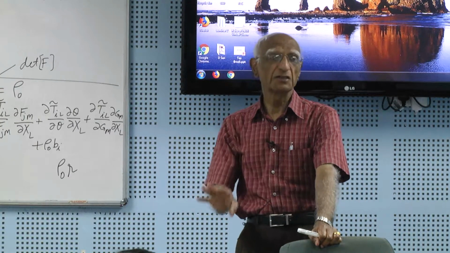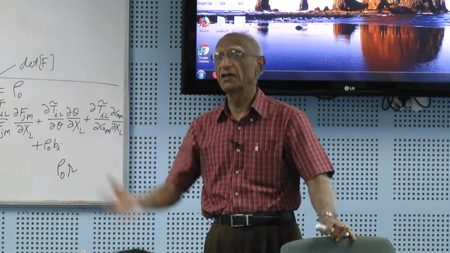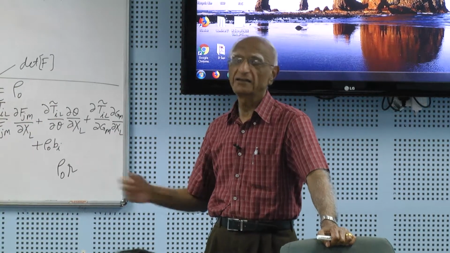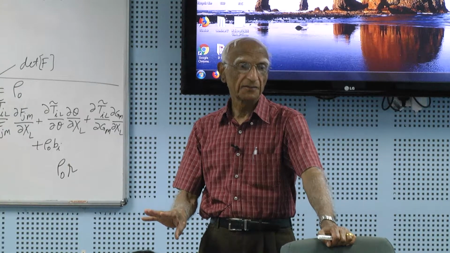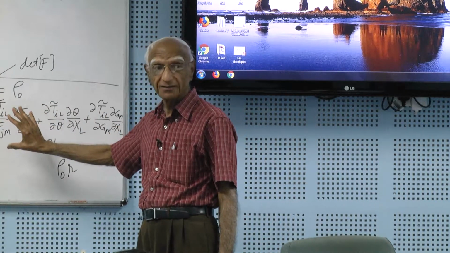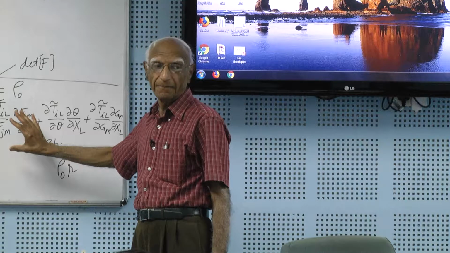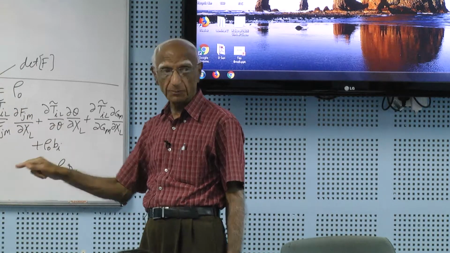And we are going to consider only those bodies which are insulated from the environment. So the body force is 0 and the radiation term is 0. And then you can regard the energy equation as a constraint equation and use a Lagrange multiplier.